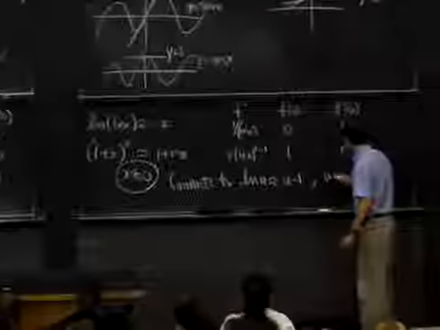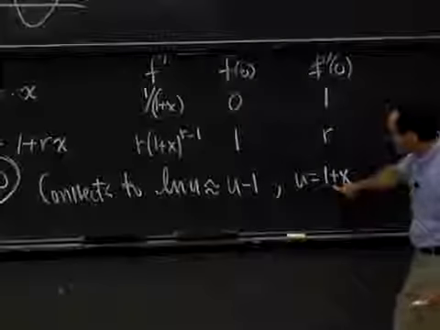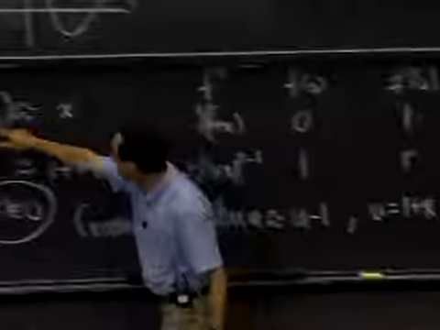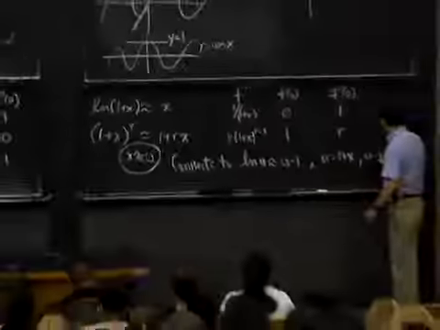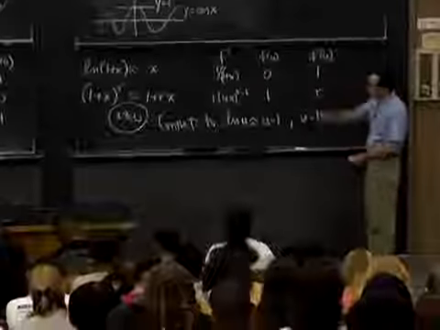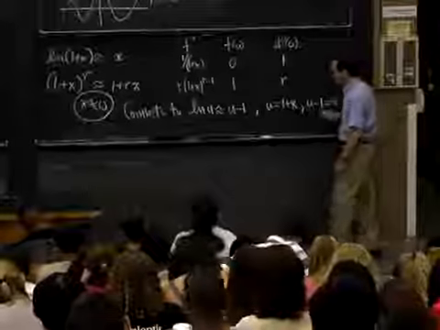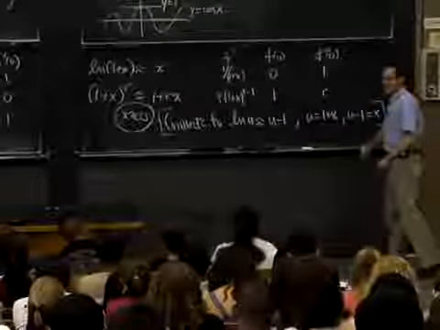And then I plug in u is equal to 1 plus x. If I copy it down, you see that I have a u in place of 1 plus x. That's the same as this. And if I subtract 1 from u, that means that it's x. So that's what's on the right-hand side there. So these are the same computation. I've just changed the variable.